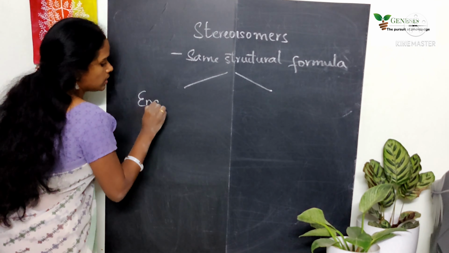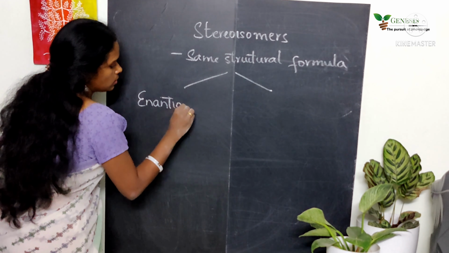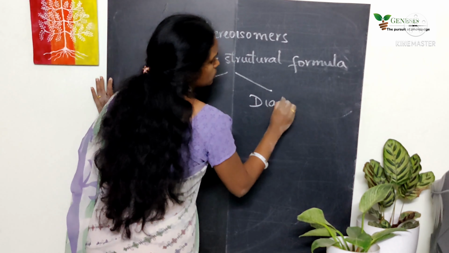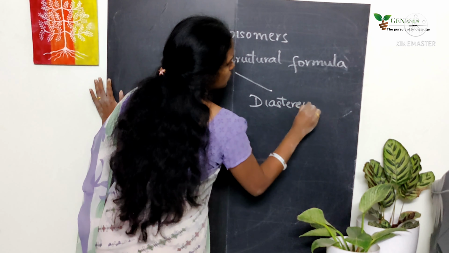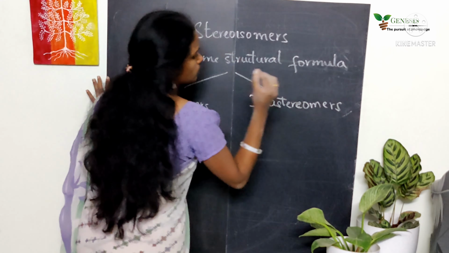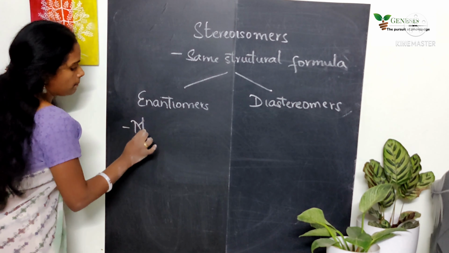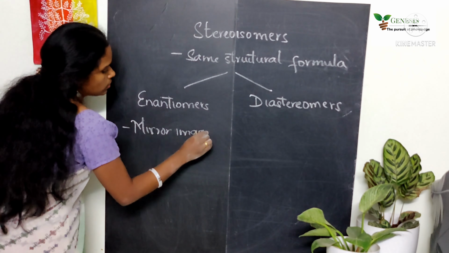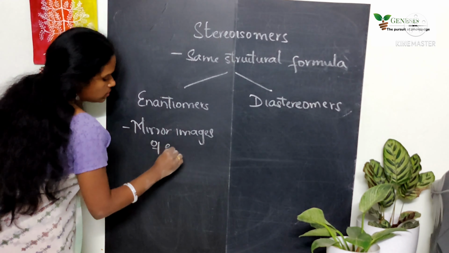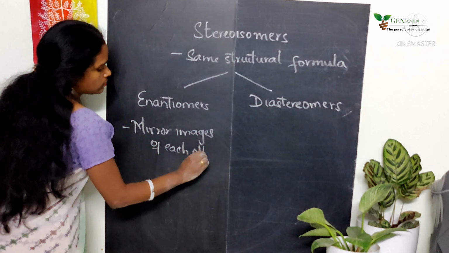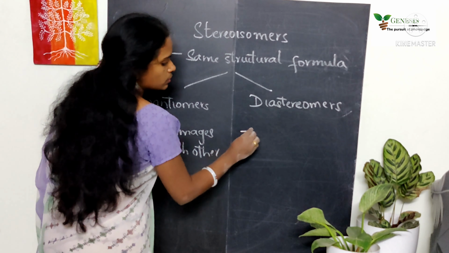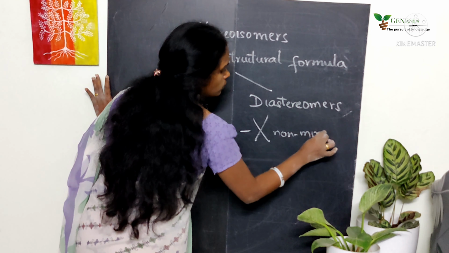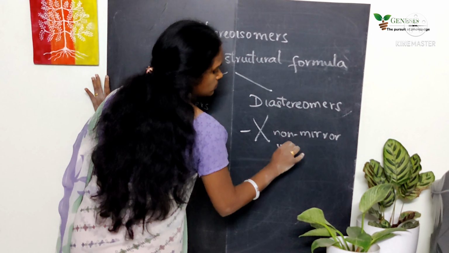One is enantiomers, the other is diastereomers. Enantiomers are mirror images of each other. Diastereomers are non-mirror images of each other.